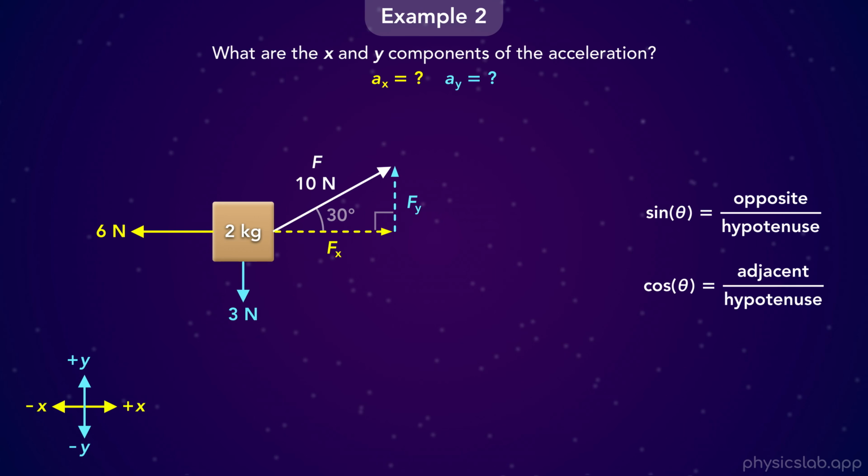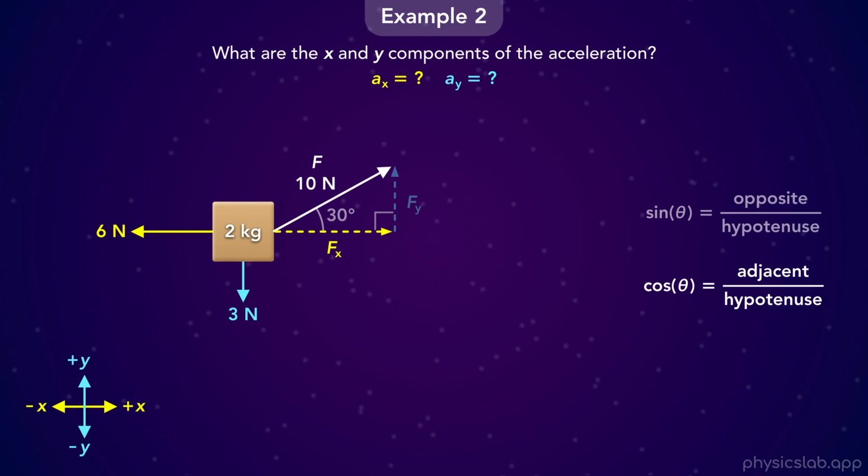People like to try and memorize whether sine or cosine goes with the x or y components, but that depends on which angle is given. It's better to remember that sine is used for the component that's opposite from the angle, and cosine is used for the component that's adjacent or next to the angle.